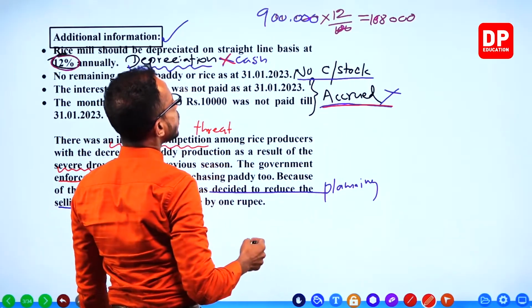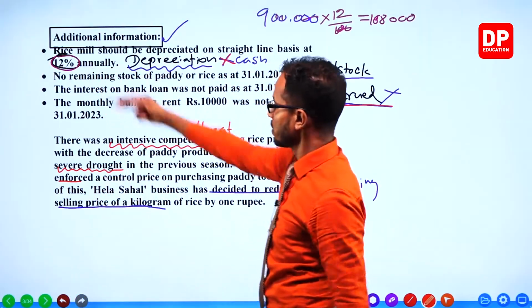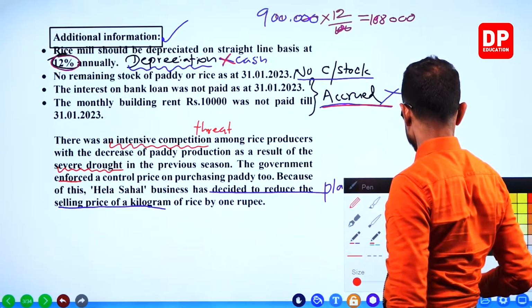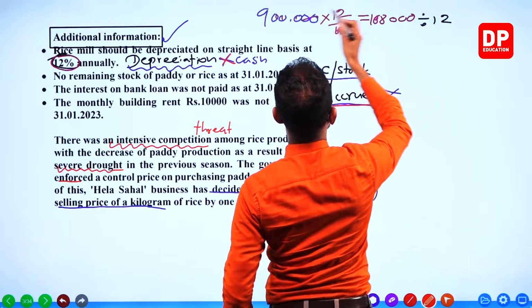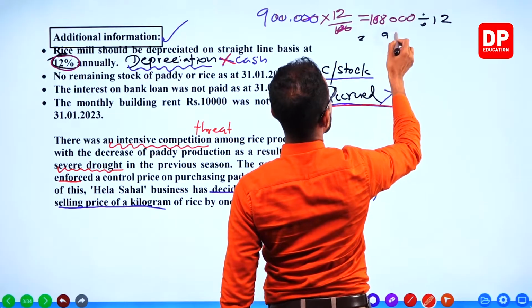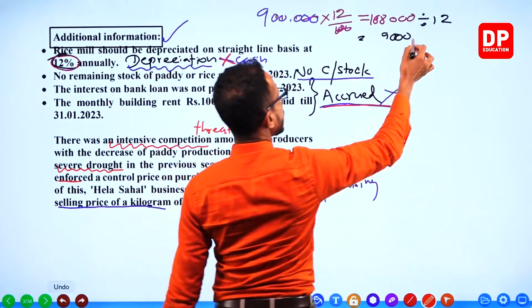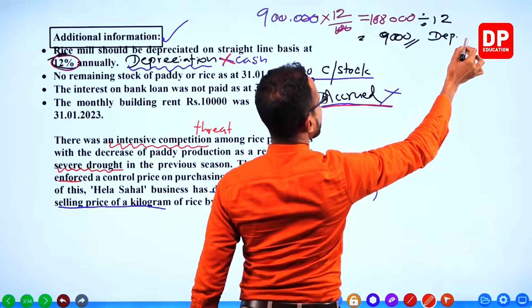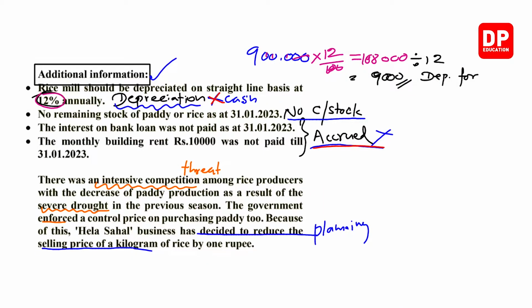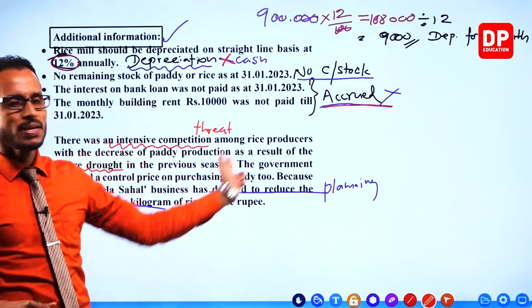108,000, but that is annual. We are preparing for a month, so divide this by 12. Again, you get 9,000. 9,000 is the depreciation for this month. 9,000 you have to include as an expense.